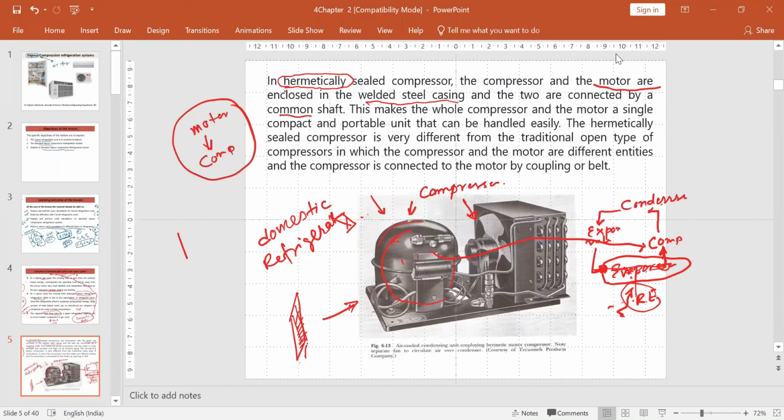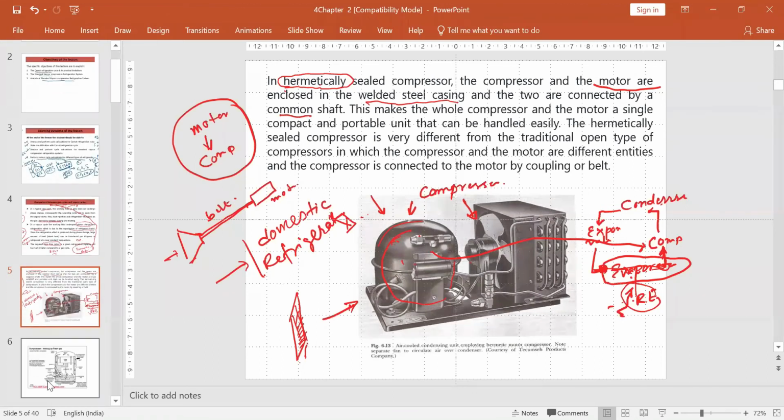In case of a general compressor, the compressor is coupled to a motor externally, or by a belt. So this is the difference. And you always remember, all domestic refrigerators have this type of compressor, a hermetically sealed compressor.